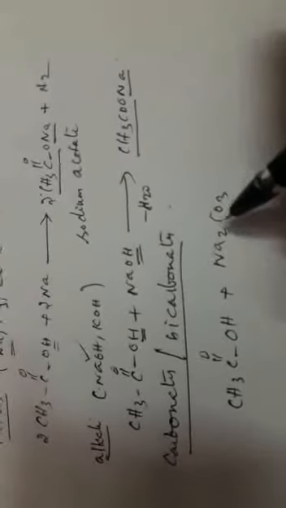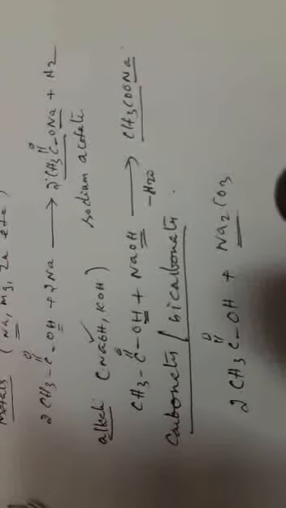Next, reaction with carbonate and bicarbonate. This reaction is the test for carboxylic acid. See the reaction: CH3C=OOH, acetic acid. Carbonate used is mainly sodium carbonate, Na2CO3, so write 2 times.